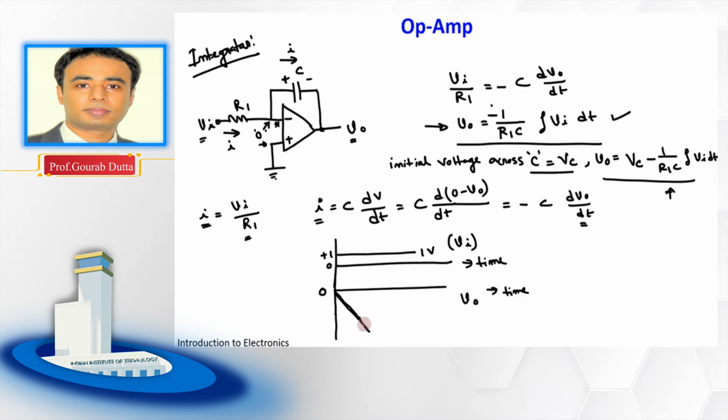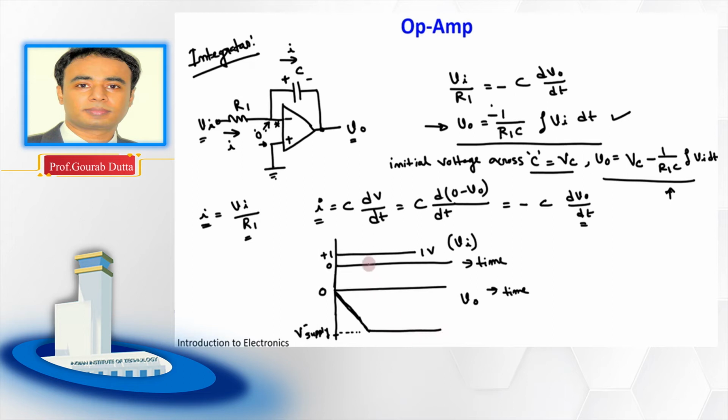Here, as the output is negative, this Vout cannot go beyond the negative supply voltage, isn't it? So this will be the maximum value after which the output voltage will saturate, right?